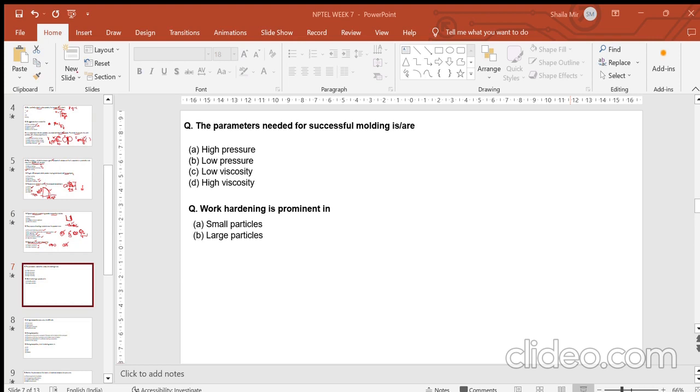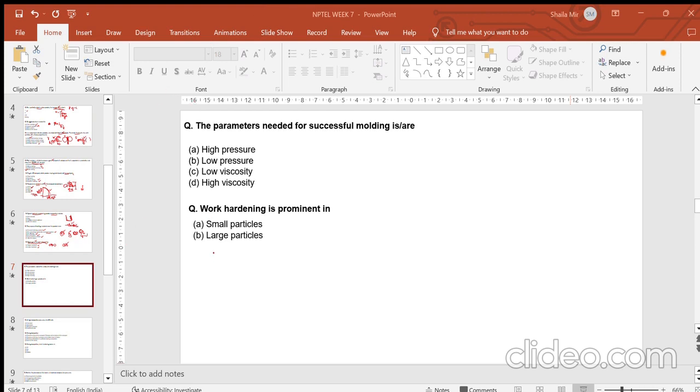Then we have another option, low viscosity, because if you have a highly viscous fluid material, it will not flow easily in the mold, so that will be difficult to compact. But if you have a low viscous material, that will easily flow through the mold and it will be a uniform mixture of the powders. So low viscosity and high pressure are the favorable parameters for a good or successful molding, right?